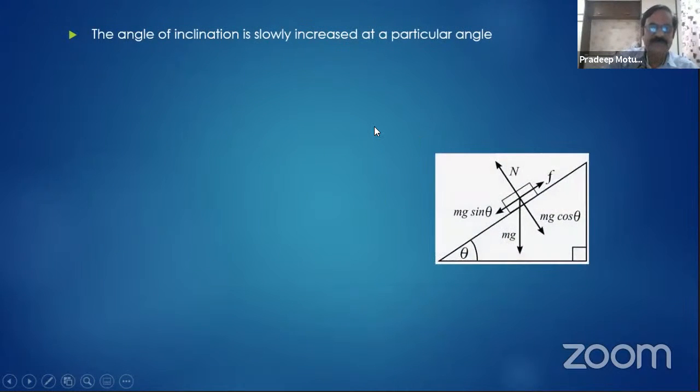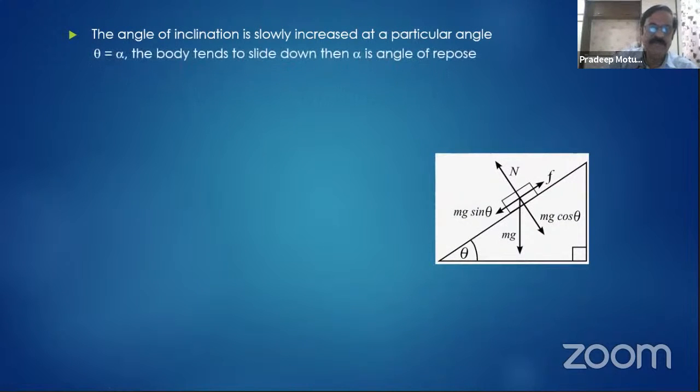Now, if the angle of inclination is slowly increased, at a particular angle, what happens? The body tends to slide down. That is, when theta is equal to alpha, the body slides down, and that alpha is the angle of repose.